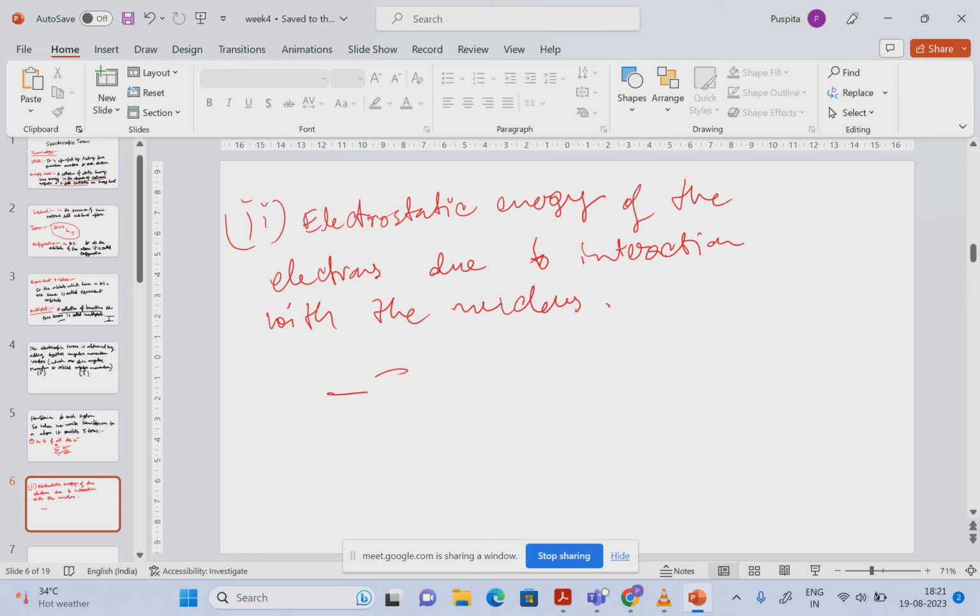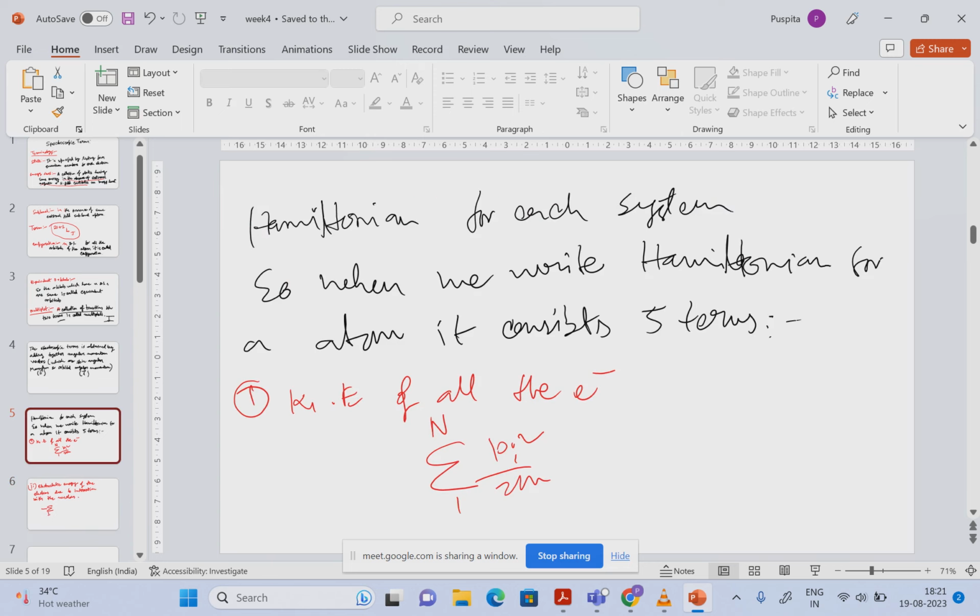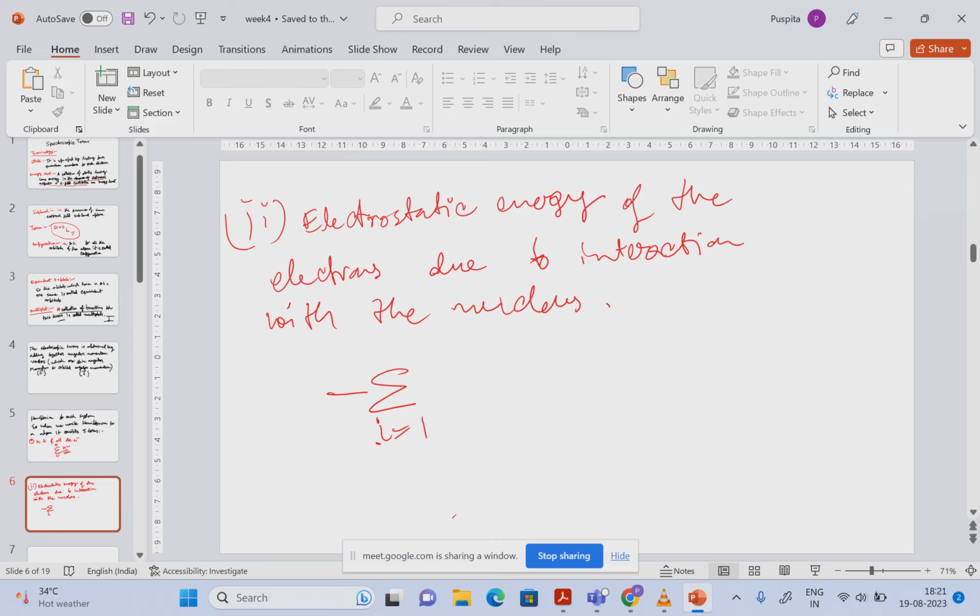It is written with a minus sign. There should be a minus term. That is minus 1 by 4 pi epsilon naught Ze squared, where Ze is the charge of the nucleus and e is the charge of one electron.